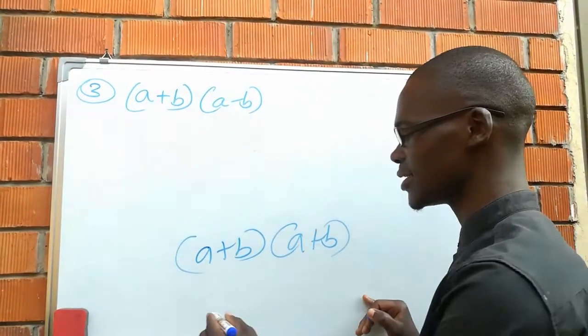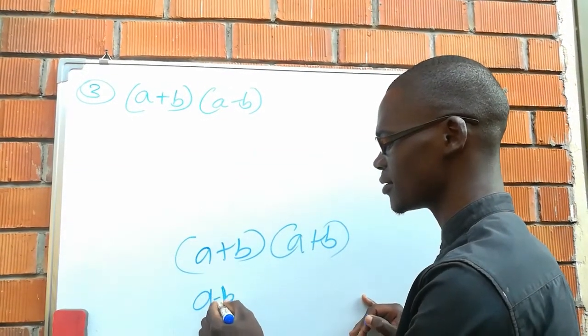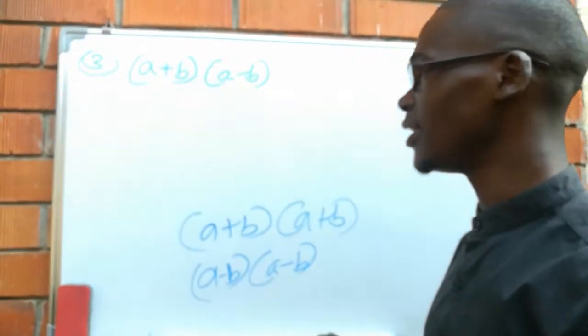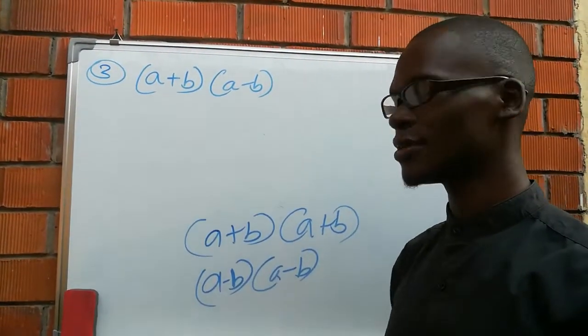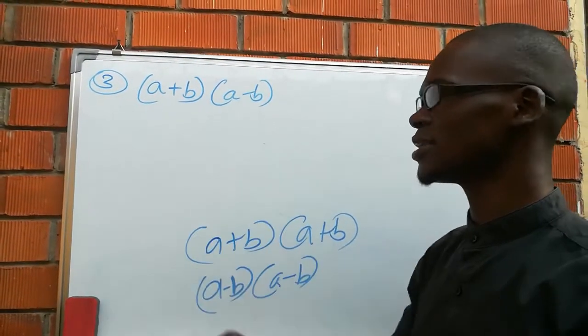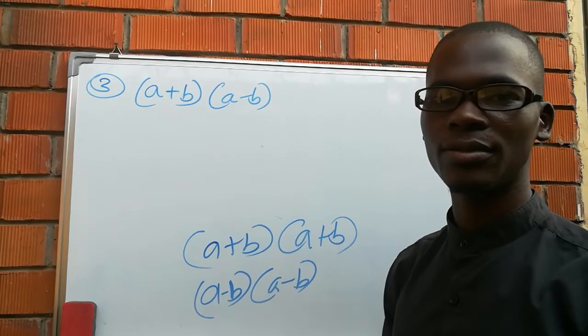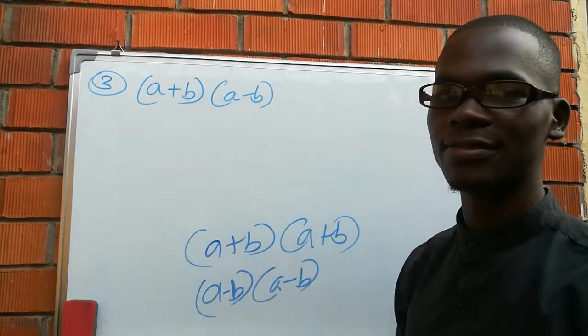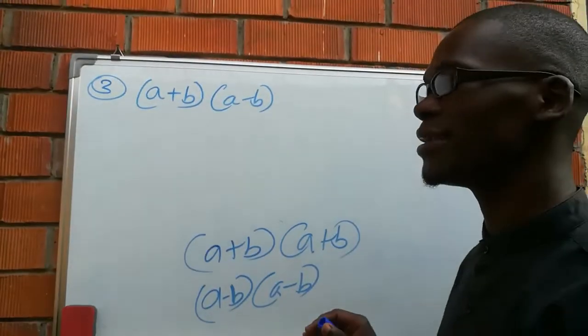We also looked at a minus b and a minus b. In our third identity, we are looking at opposite signs in the 2 brackets. One is of a plus, the other one is of a minus. So how do we expand this?